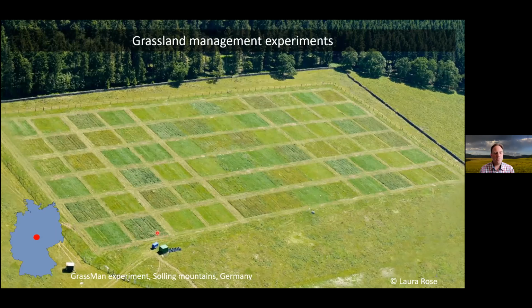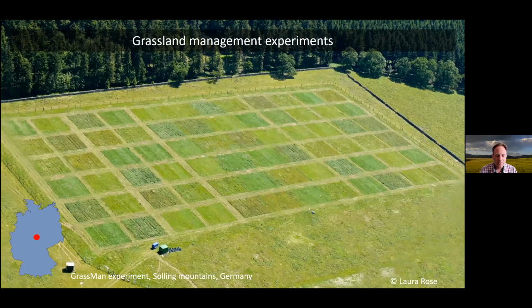And what you can see is plots were established, and the different colors of these vegetation patches come from them being either fertilized or not, mown three times a year or only once per year. And also there was a biodiversity manipulation, where grass-specific herbicide or herb-specific herbicide was used to basically manipulate the functional composition of the sward.